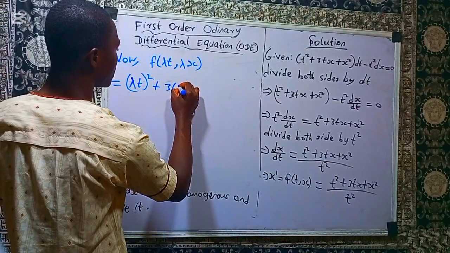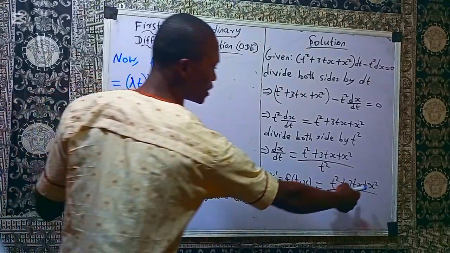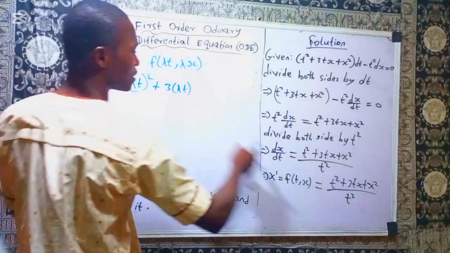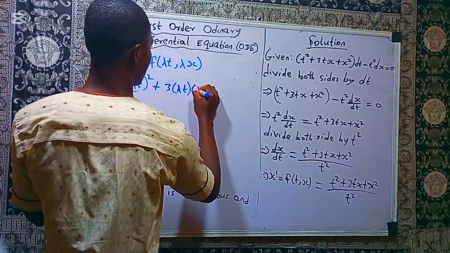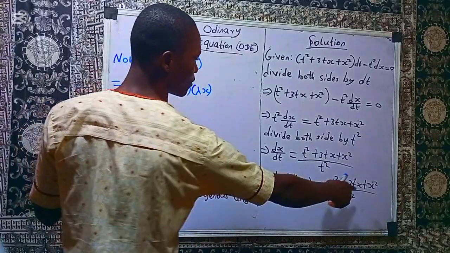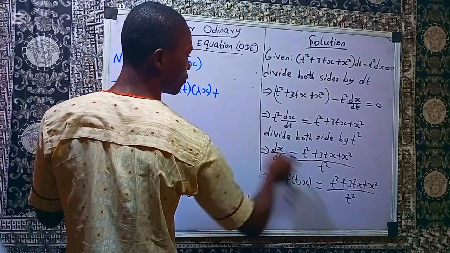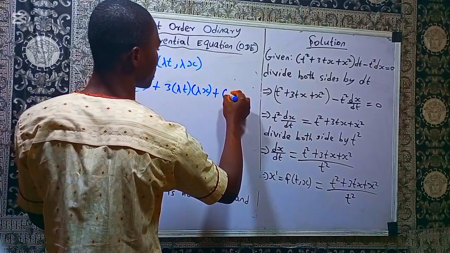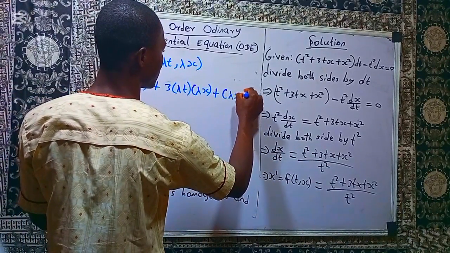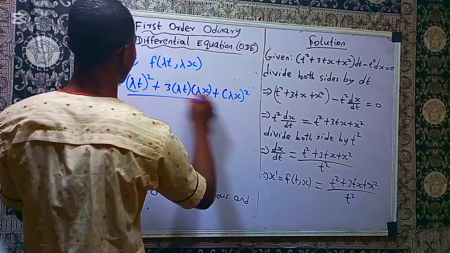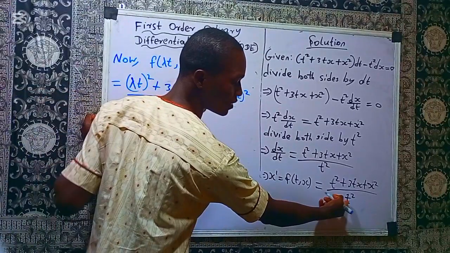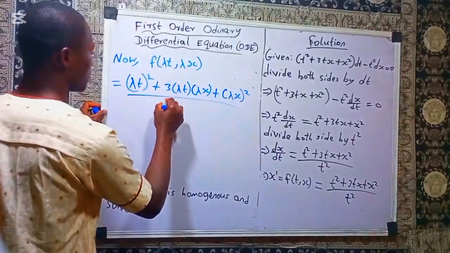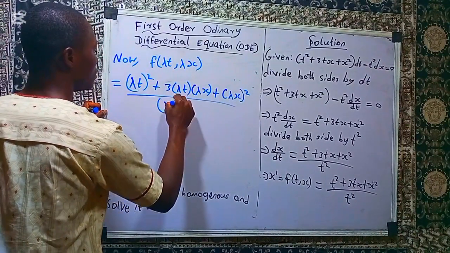It will be 3 lambda t. Then you are having x, you replace x anywhere you see it by lambda x. The next one we have is plus x squared. You replace x with lambda x. So instead of x squared, we have lambda x all squared, divided by, instead of t squared, lambda t all squared.